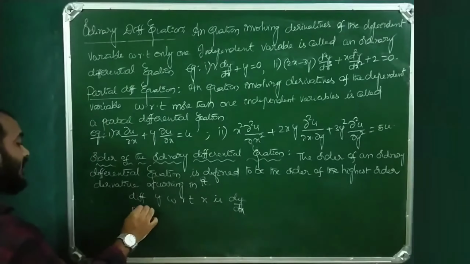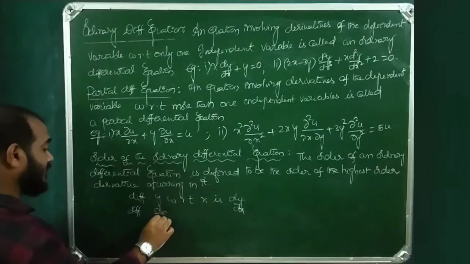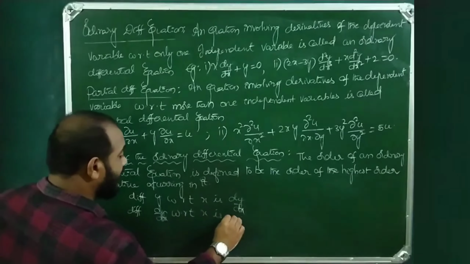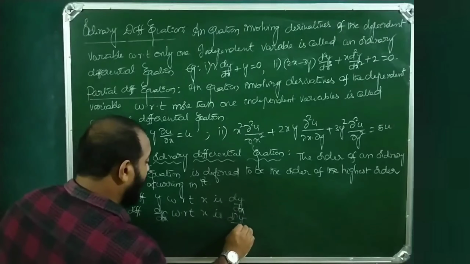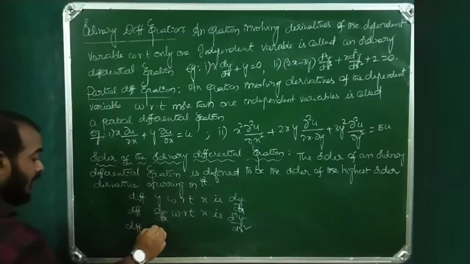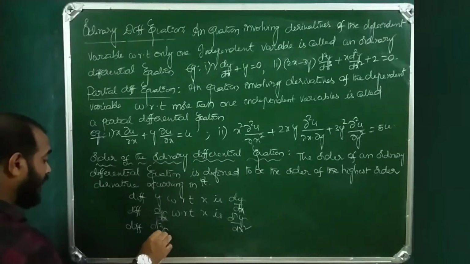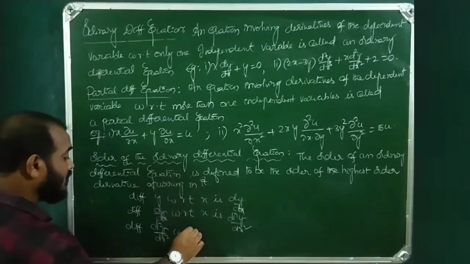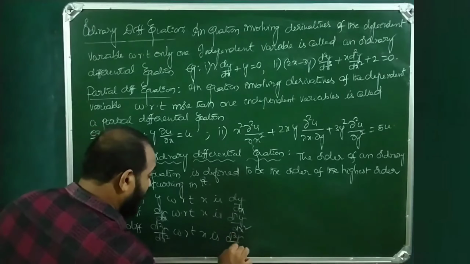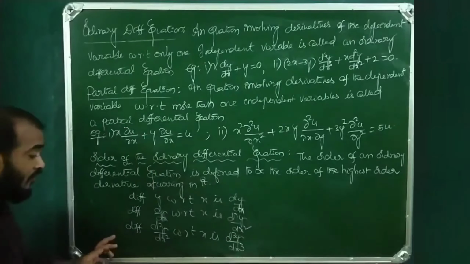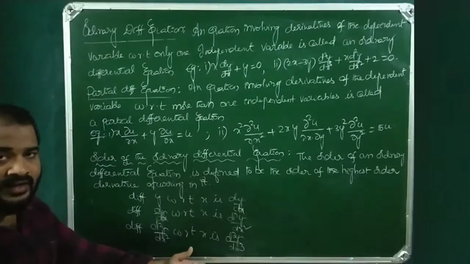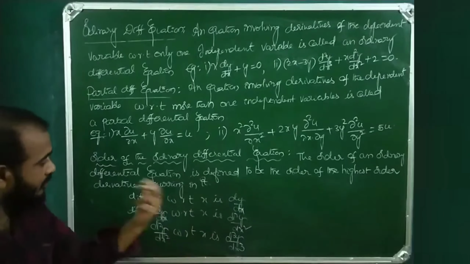Likewise, differentiating dy by dx with respect to x, this time it is d square y by dx square. Differentiating d square y by dx square with respect to x is d cube y by dx cube. Likewise, we can differentiate any number of times like this.